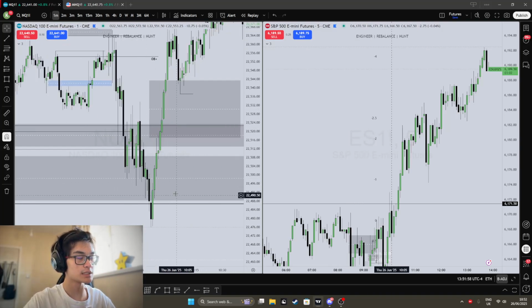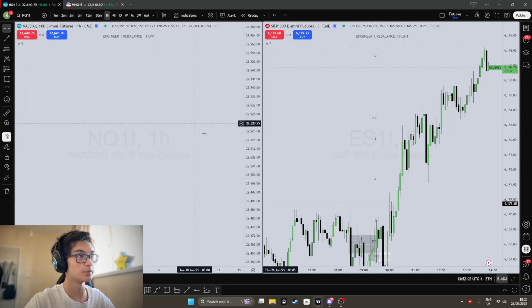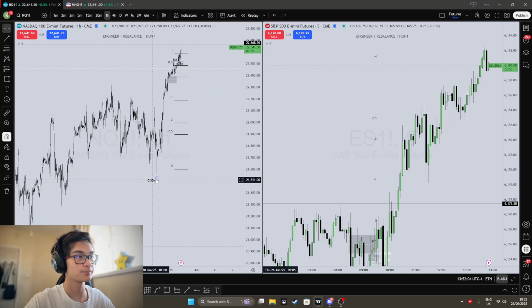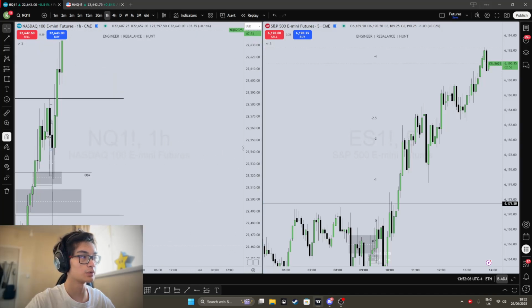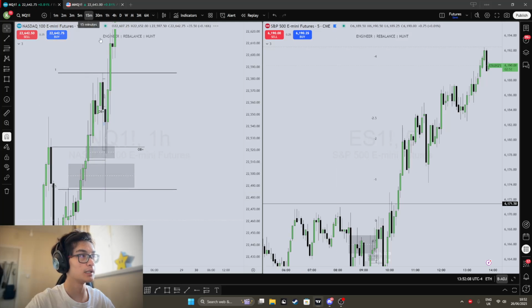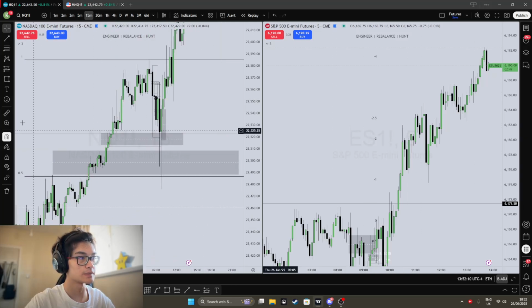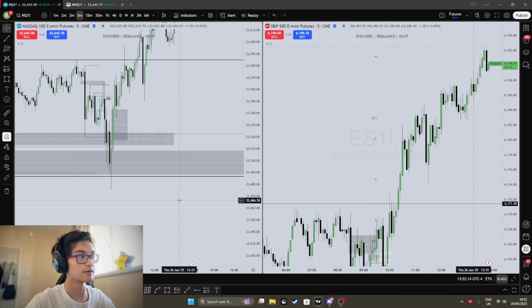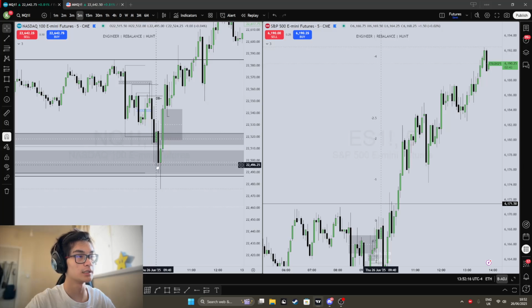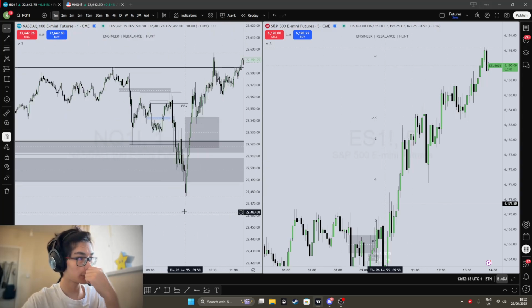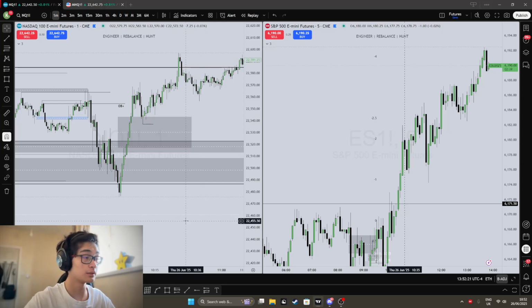When we did sell off here, we hit the equilibrium of the range, and goes to 15. We swept sell side, which is our internal manipulation, and going to the 5, we have change in state, but the entry wasn't taken on the 5.